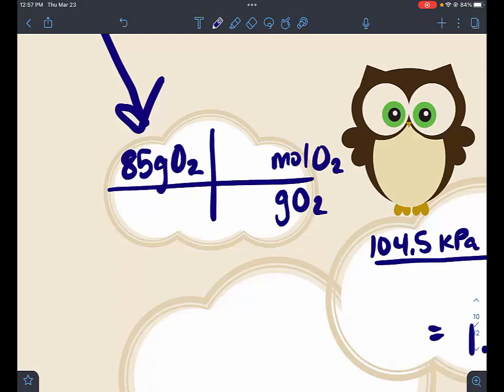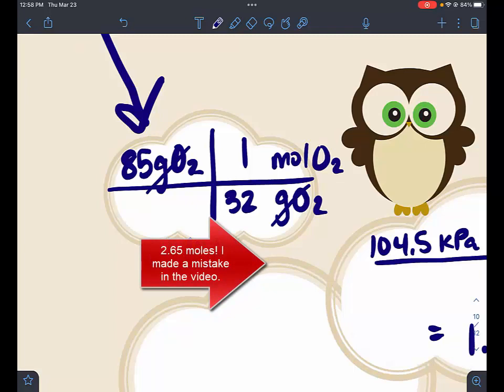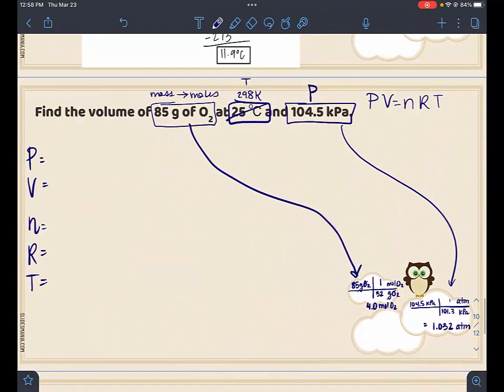So for mole to gram conversions, I use 1 mole and the molar mass. Just like before, molar mass of oxygen is 32. So I'm going to divide 85 divided by 32 to get my number of moles. It's 4.0 moles of oxygen. All right, so those are two little numbers that I converted down there in the clouds. I'm just going to use those in my list.